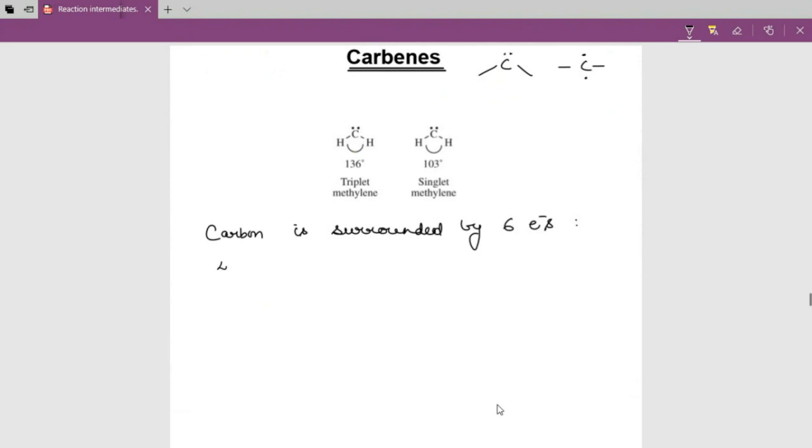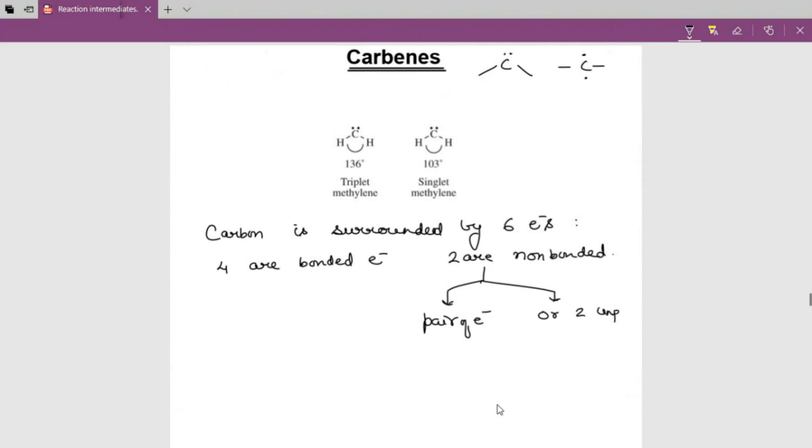Out of these, 4 are bonded electrons, 2 are non bonded. Now, these 2 non bonded electrons either exist in the form of a pair of electrons or 2 unpaired electrons.